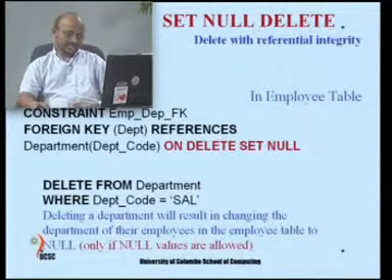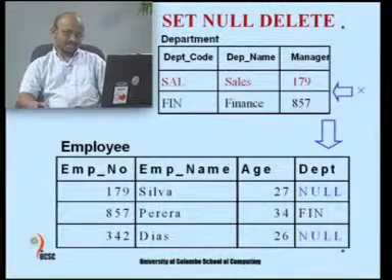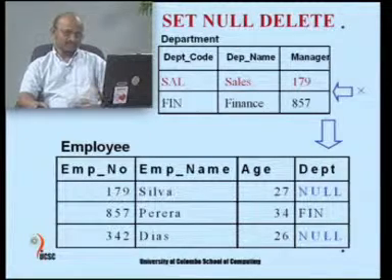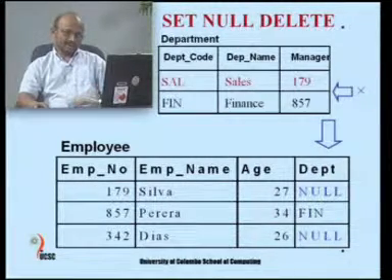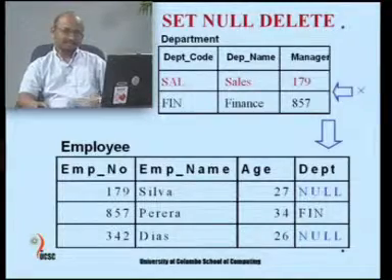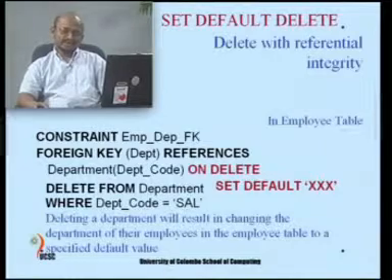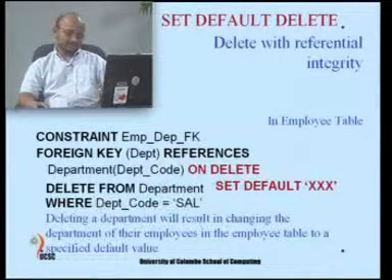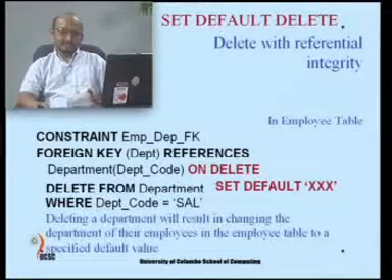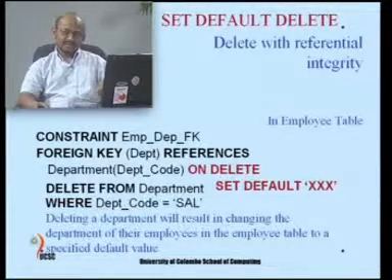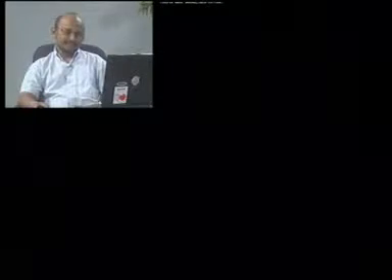In this particular case we are showing how to assign a null value, which will delete the sales department record and assign null values. Similarly, you can also attach a default value. The delete statement is the same; only the constraint is what changes, and based on that those values will be inserted.